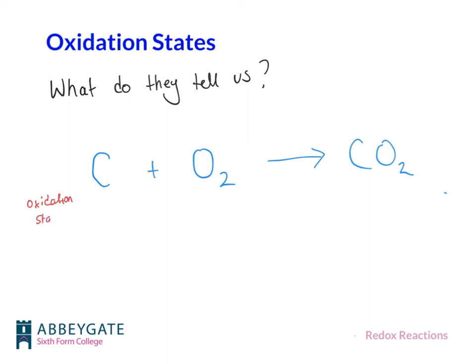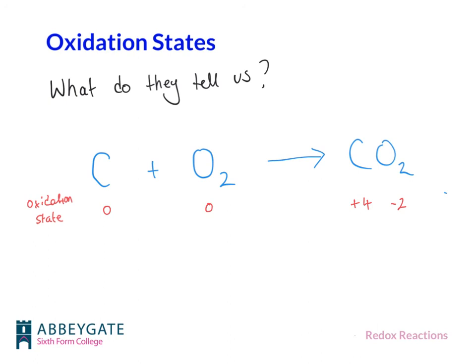The carbon and the oxygen at the start are both elements, so the carbon is oxidation state 0, as is the oxygen. If we look at the carbon dioxide, oxygen's always -2 in a compound and carbon is +4.